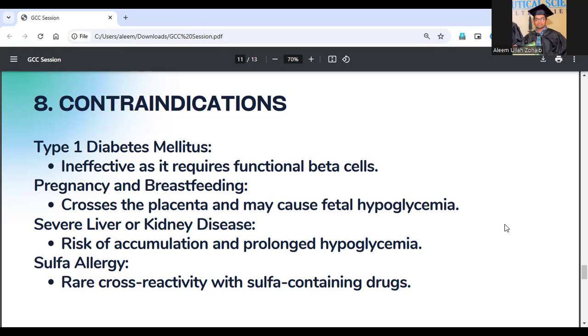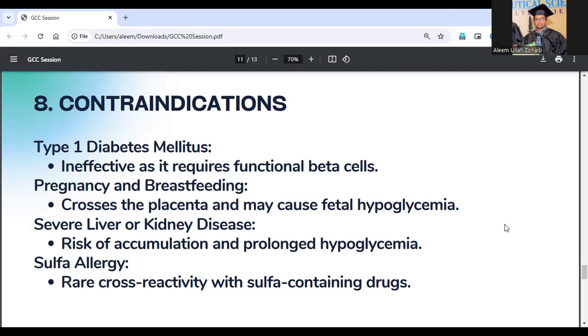Pregnancy and breastfeeding, because the drug may excrete in the milk and crosses the placenta and may cause fetal hypoglycemia. Also it is excreted in breast milk and may cause hypoglycemia in the child.